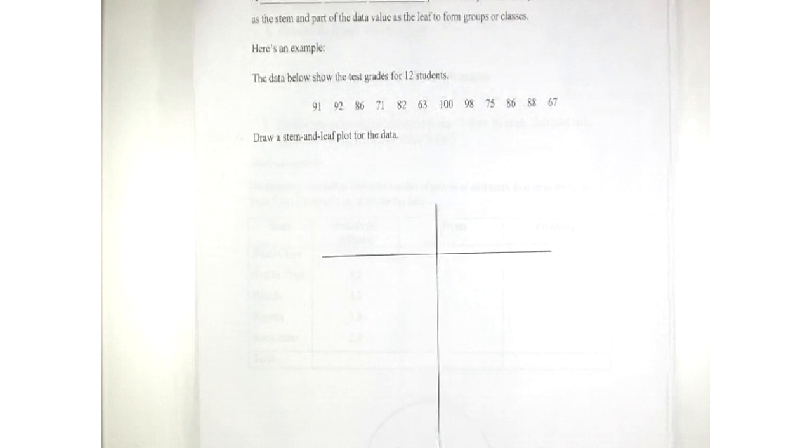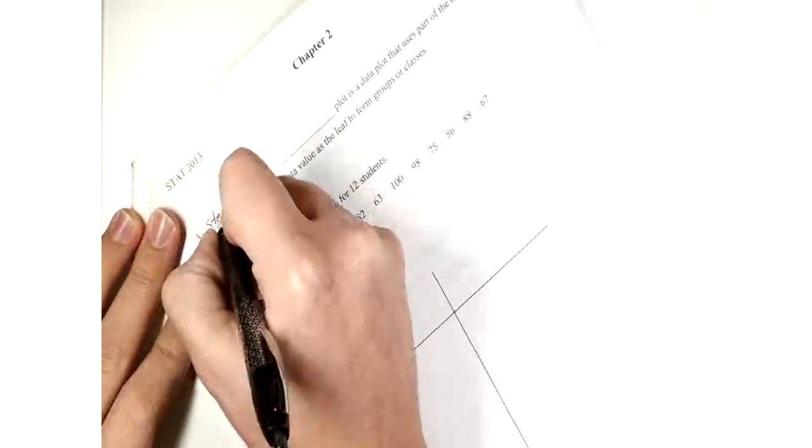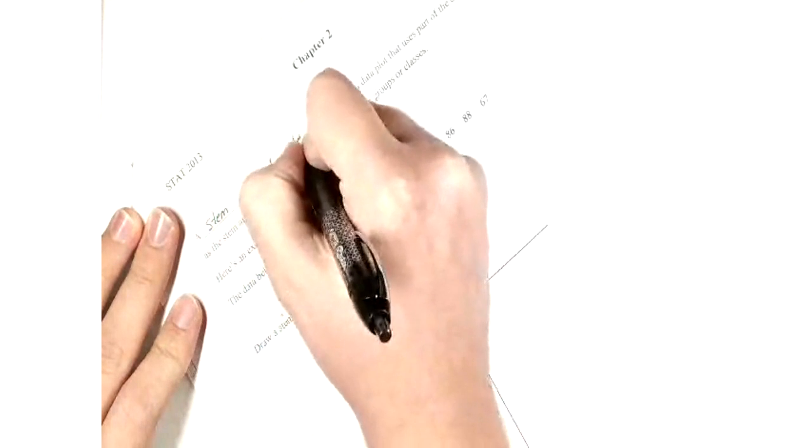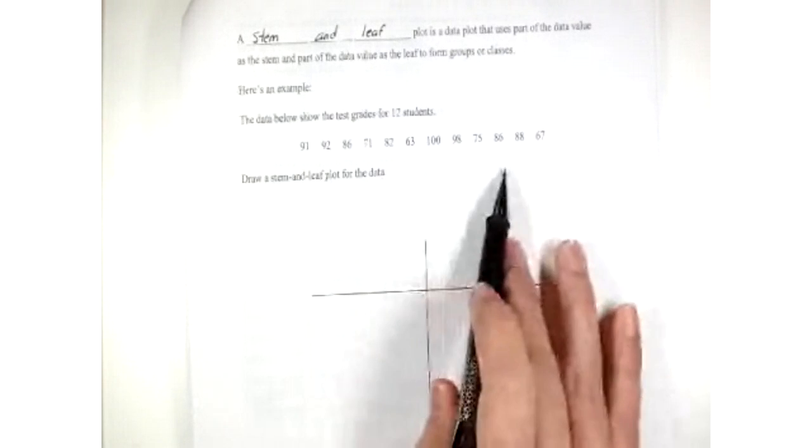This next one is, as I said, a stem and leaf plot. A stem and leaf plot is a data plot that uses part of the data value as the stem and the other part as the leaf. In this case, we just have numbers. First, I'm going to try an example.